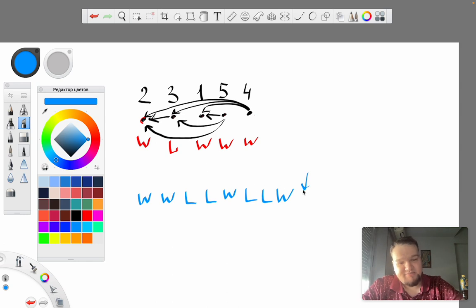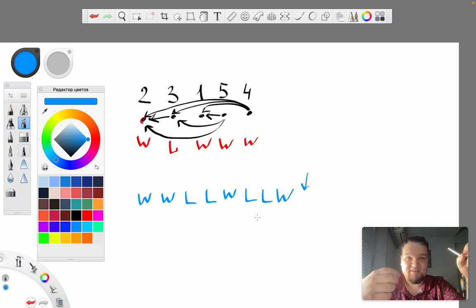Otherwise, we need to check if we can move to any of the losing states. But since we can only move to the left, we only need to consider the states that we have already visited. Technically we could just store all of the losing states in some kind of set, and then we need to check if we can move to any of them.